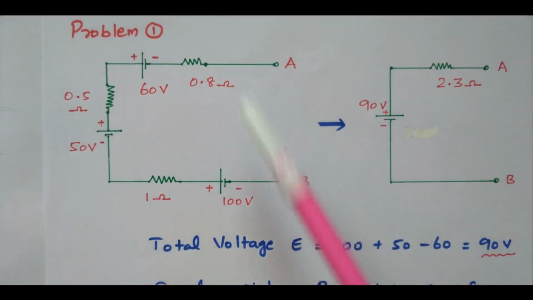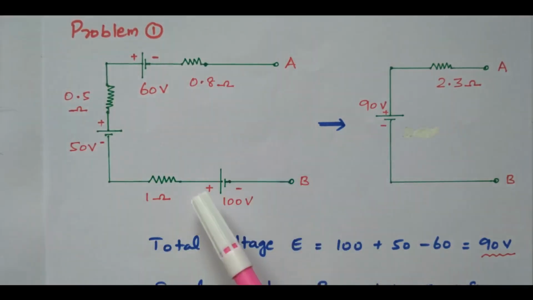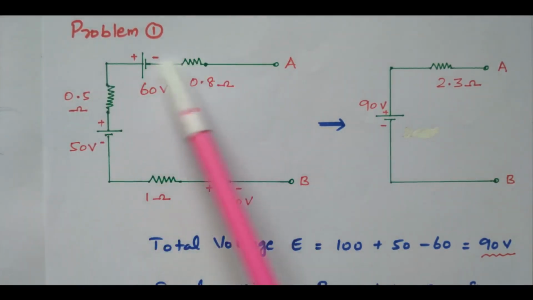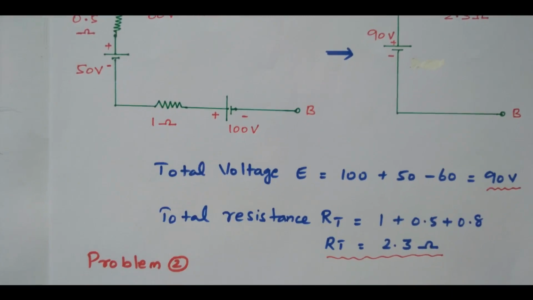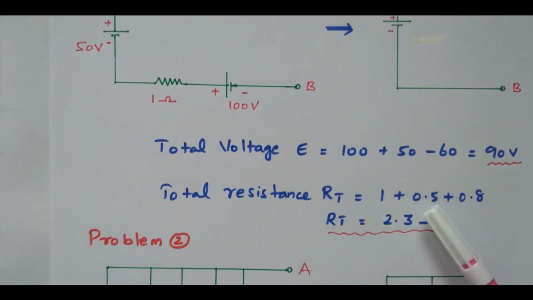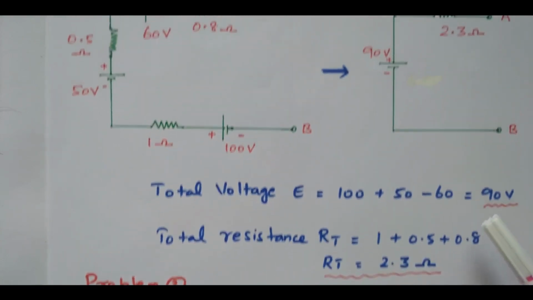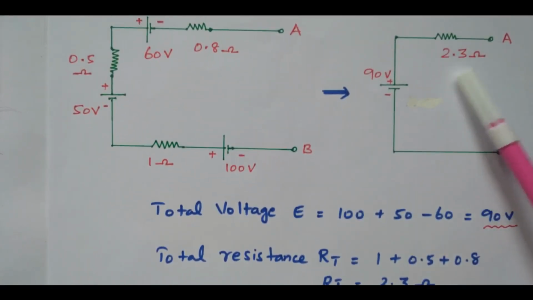What about the resistor? We can add the resistors as they are, because all resistors are connected in series. So we can add all the resistors: 1 ohm, 0.5 ohm and 0.8 ohm. This is 2.3 ohm. So the total resistance will be 2.3 ohm.